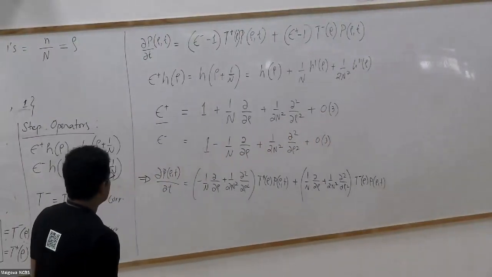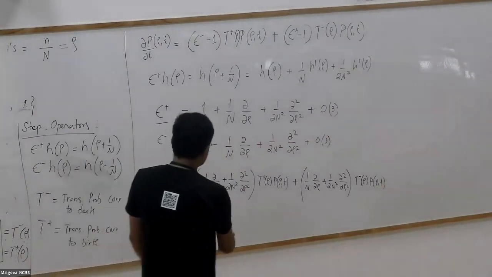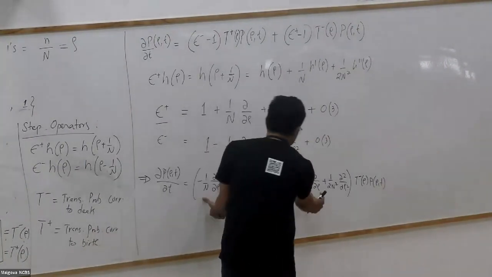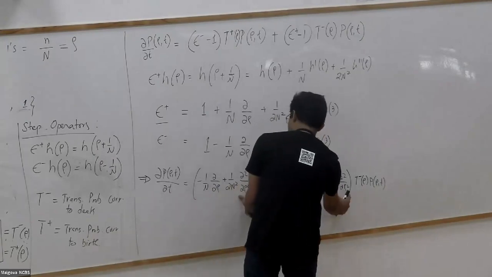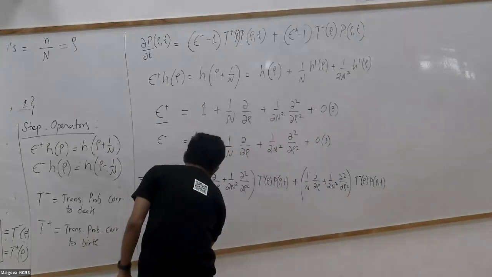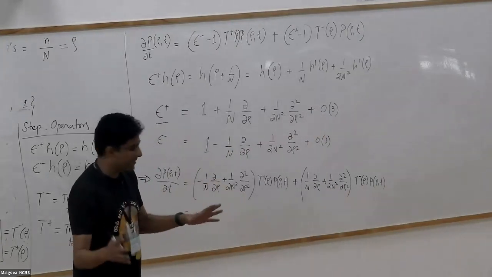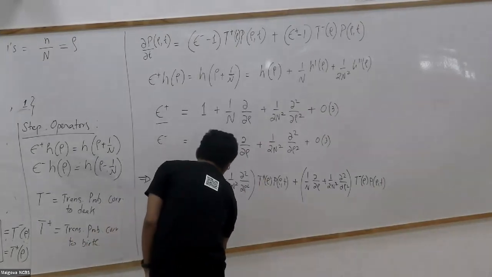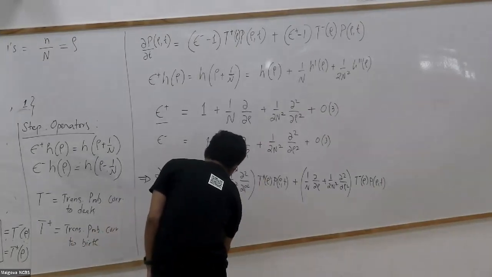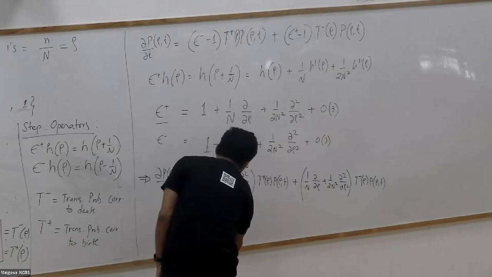Okay. So now you can see that I can take these two terms together, and I can take these two terms together. Basically, I'm separating the first and second derivative terms. I'll keep the minus sign outside. I'll keep the dou by dou rho outside.